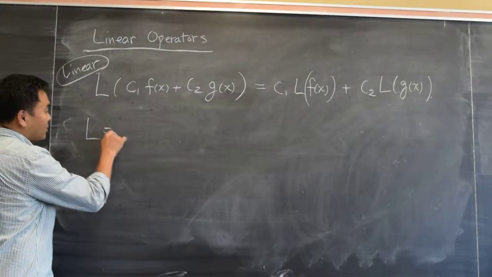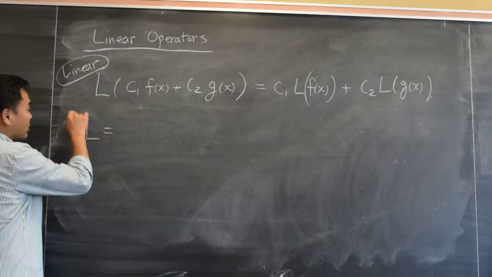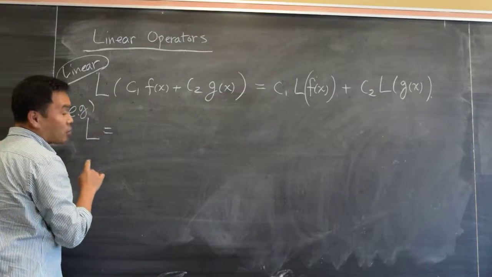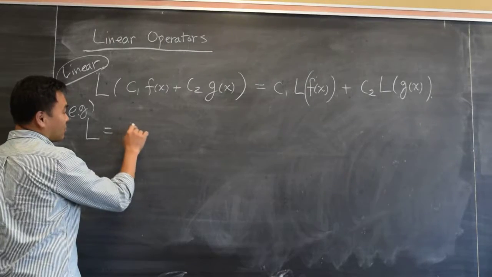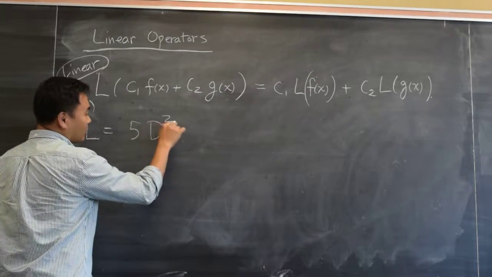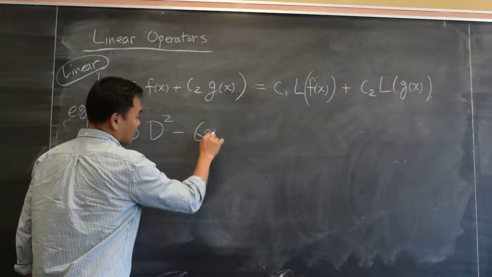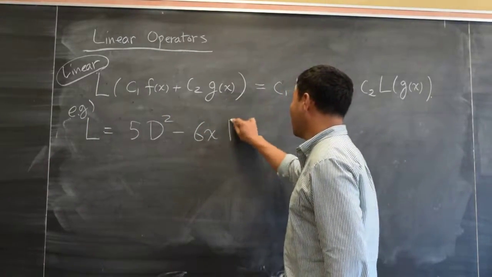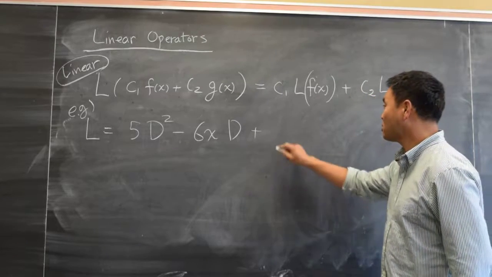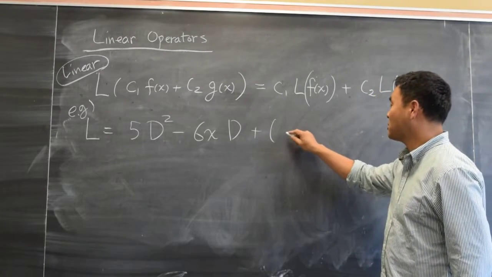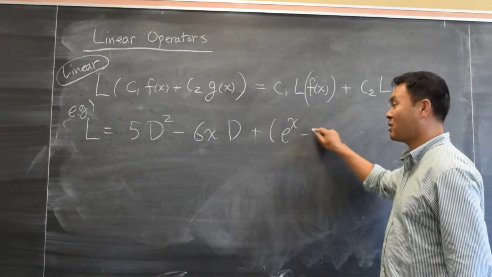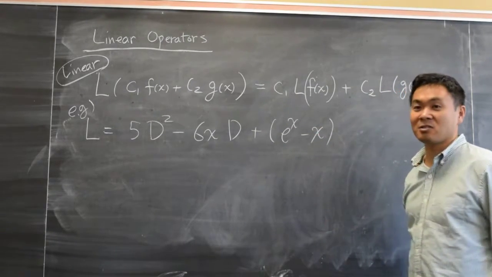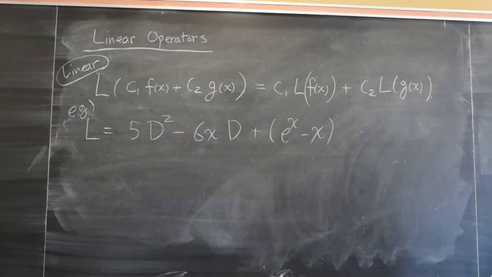For example, if you have an operator that looks like 5D squared minus 6x times D plus, let's put something horrible, e to the x minus x, and you say this is L, that's an example of a linear operator. You can check that indeed this is linear.